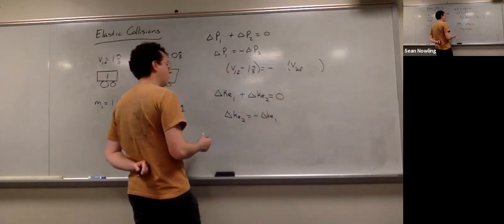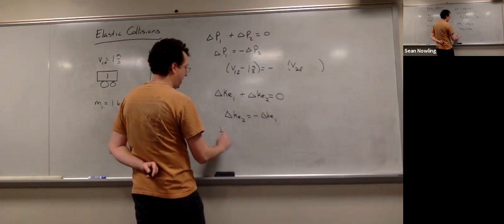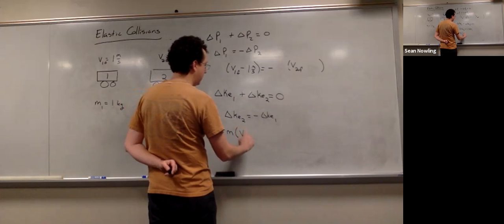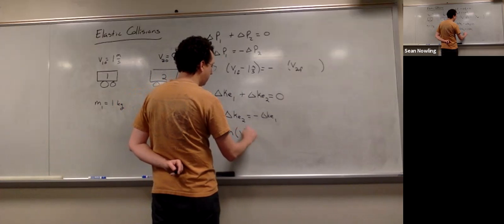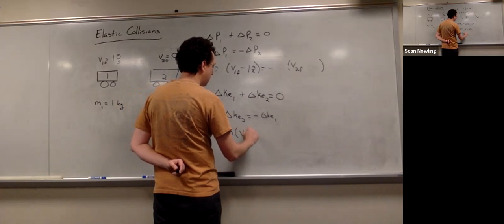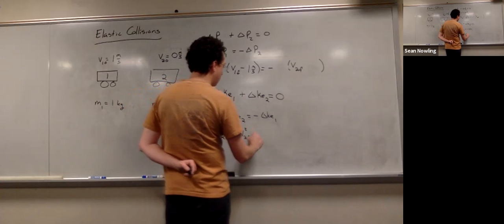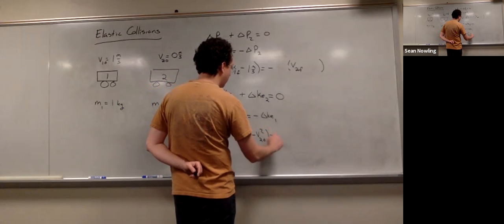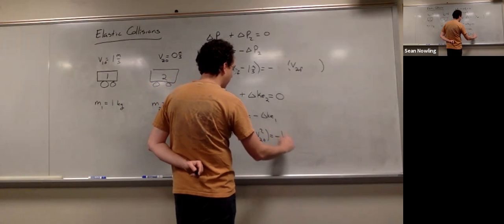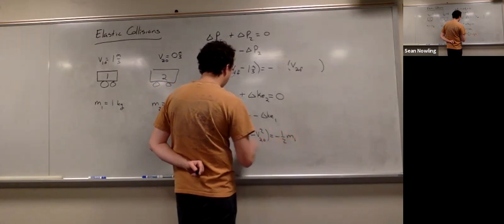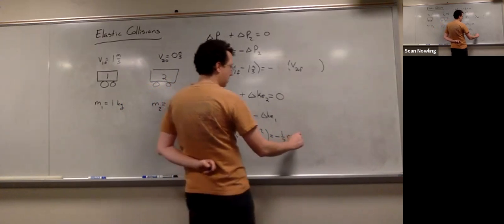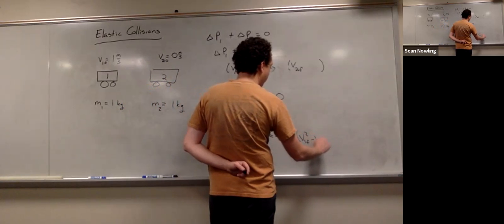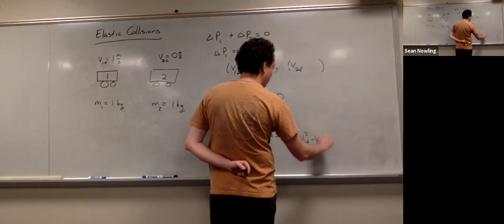Now let's plug in what we know. 1/2 the mass times velocity 2 final squared minus velocity 2 initial squared equals minus 1/2 the mass of cart 1 times velocity 1 final squared minus velocity 1 initial squared.